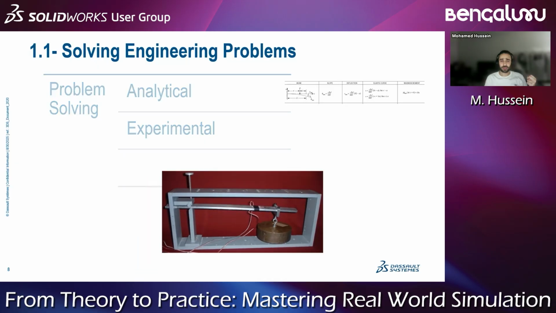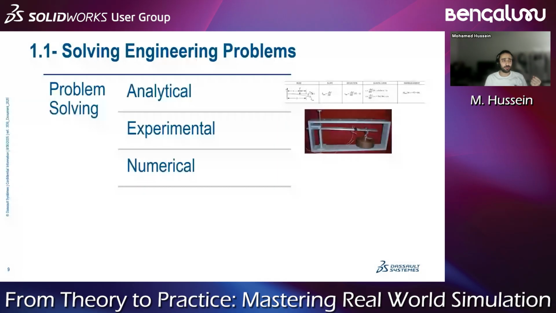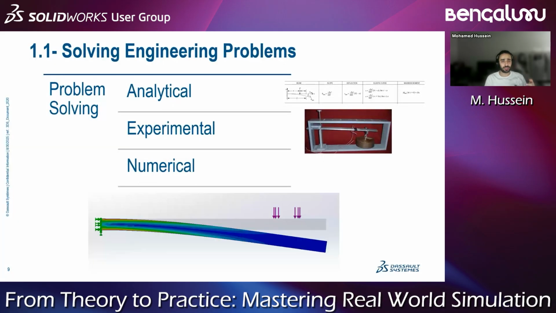So here comes the third point. The third way is the numerical approach, and this is our topic today. What is the numerical approach? It's an approach where you can use some numerical equations. You can use your computer, your PC, your laptop, or whatever you are using right now to solve the same problem.